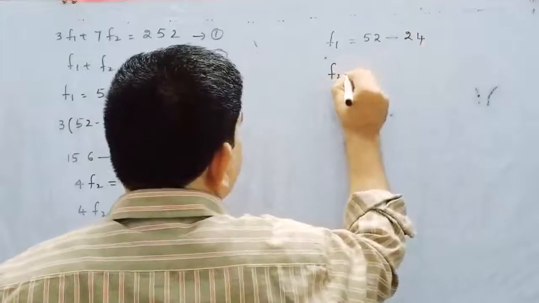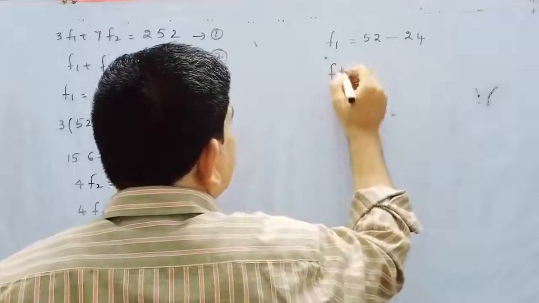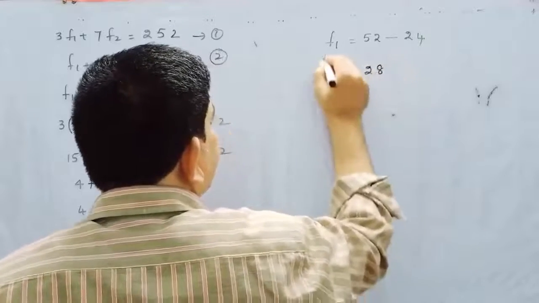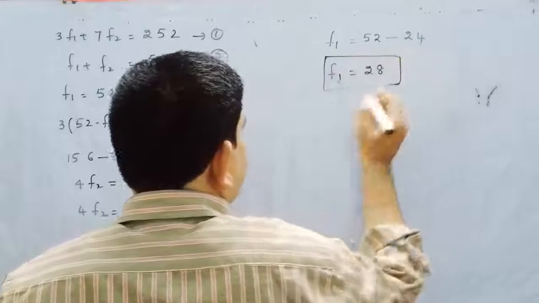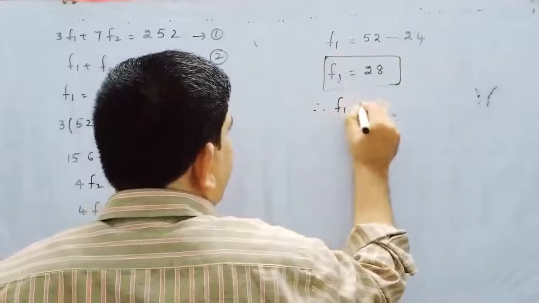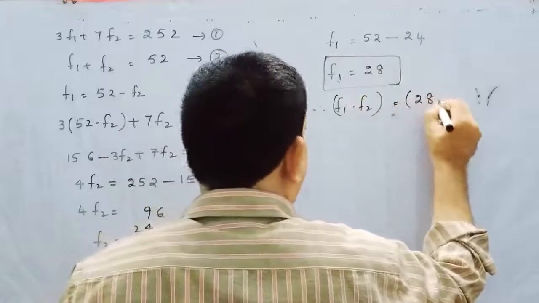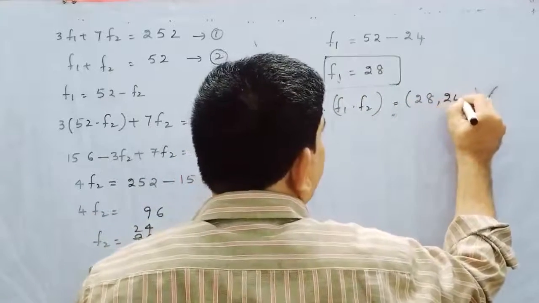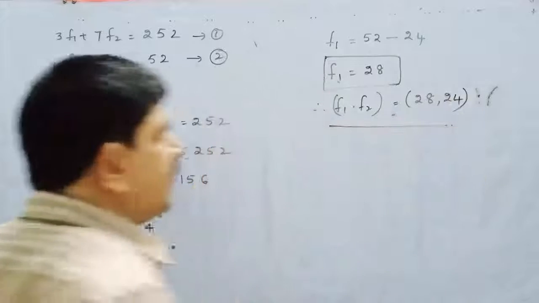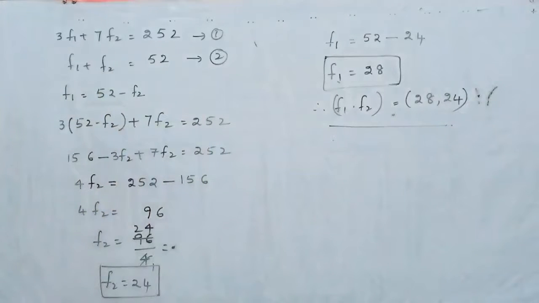So f1 is equal to 28. Therefore f1, f2 is equal to 28, 24. Like this we have to find the values of f1 and f2. Okay, thank you.